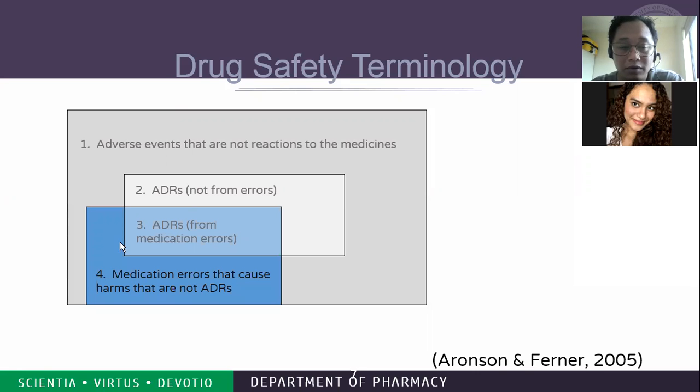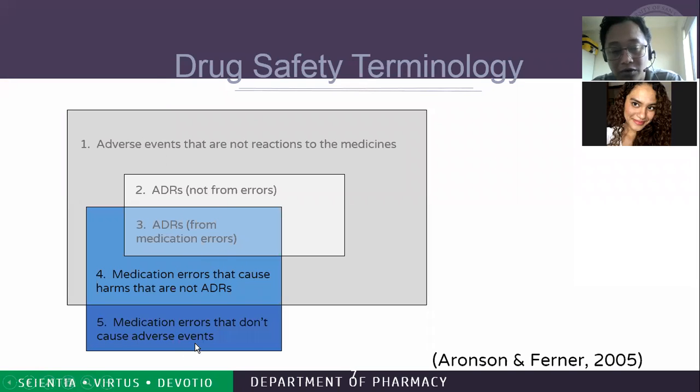And we have also medication errors that can cause harm that are not ADRs because of the procedure and so on, that are not directly related to medical products. And there are also medication errors that don't cause adverse events. So there are different regions of adverse drug reactions, adverse events, and medication errors.